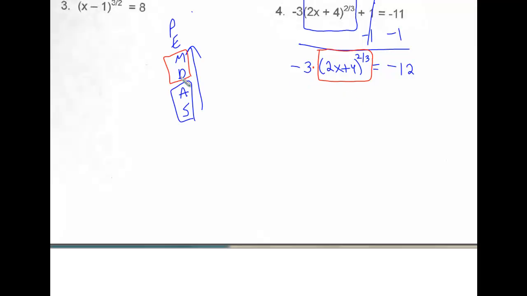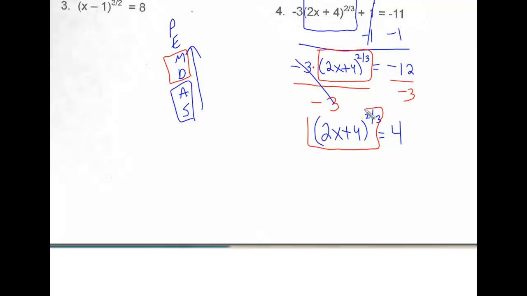Our next step is to get rid of anything that's multiplied, so we undo the negative 3 by dividing. So I have 2x plus 4 raised to the 2/3 power is equal to 4. Now if I put a box around it one more time, we can tell that this is isolated, and it is by itself on one side of the equal sign.